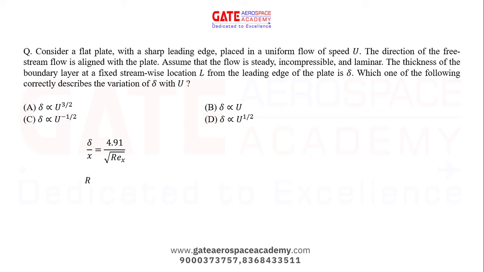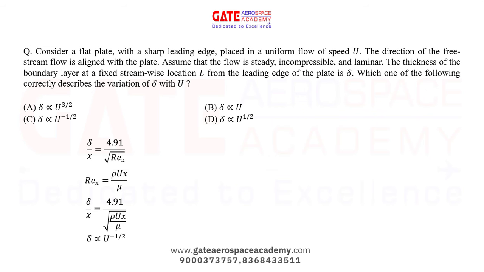Rex is equal to rho V x divided by mu. So we can write del by x is equal to 4.91, and in place of Reynolds number we can substitute rho V x divided by mu. So from here, we can write that del is inversely proportional to the square root of free stream velocity.